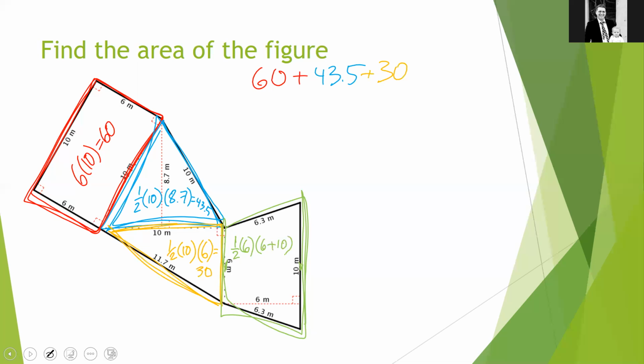Now, why don't we use the slant height? Remember that you always want to use that height that forms a right angle. So we have 1/2 6 times the sum of 6 plus 10. That's going to give me 48. Okay, so once I've found the individual areas of all of my shapes, I can add them together.